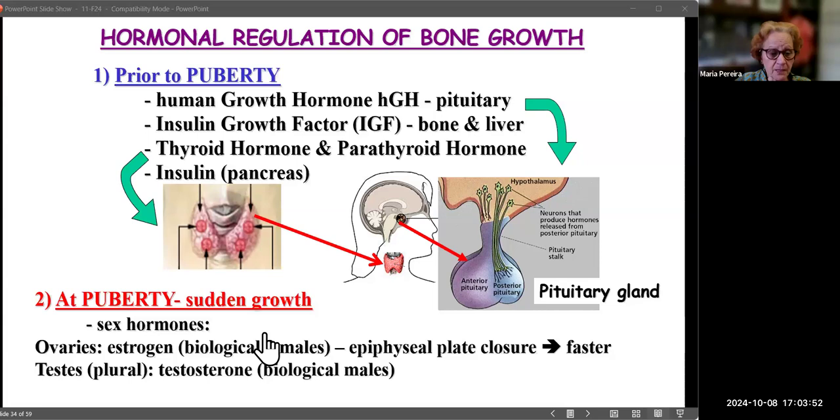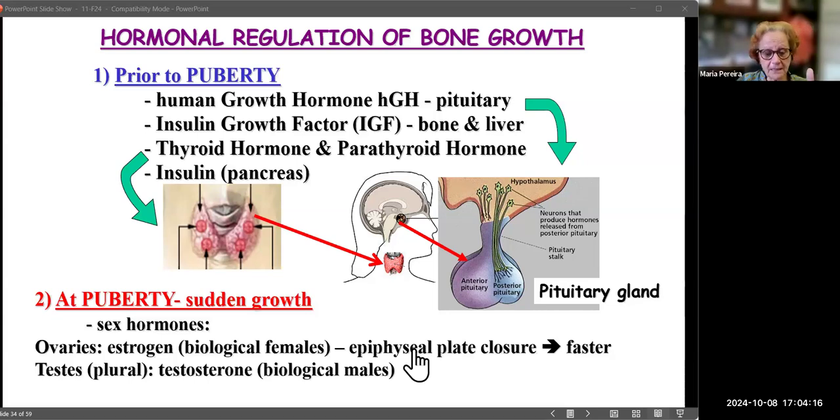At puberty, there's a sudden production of sex hormones. Ovaries produce estrogen and testes produce testosterone. So estrogen seems to have an effect on the epiphyseal plate. So they make the epiphyseal plate close faster.